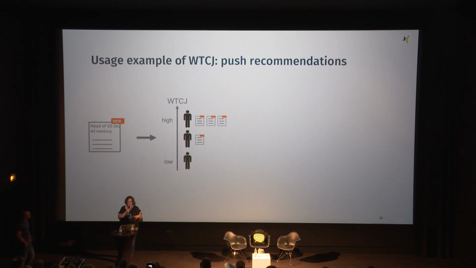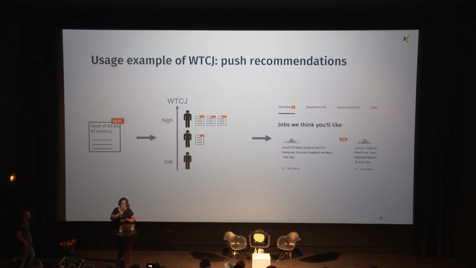And we find these users, and we also take the willingness to change job score into consideration. So this way, only those users where we think they really want to change a job get a lot of these push recommendations, while those that have a very low willingness to change jobs do not receive recommendations at all. And we also have a medium class in between that receive a few.